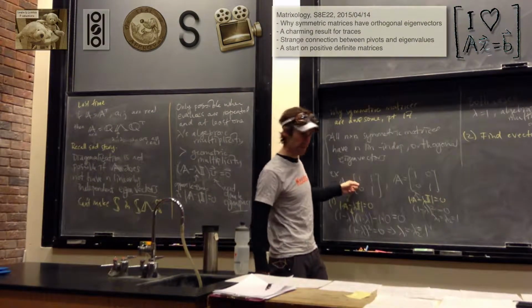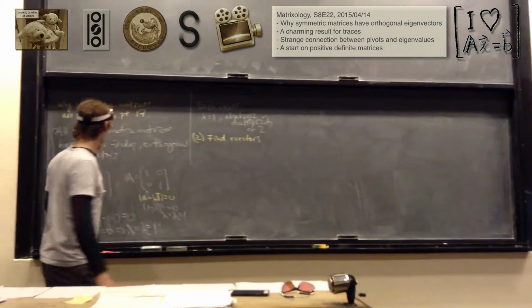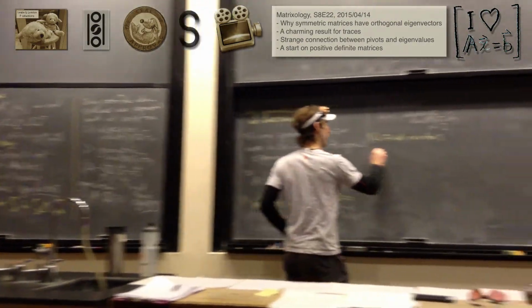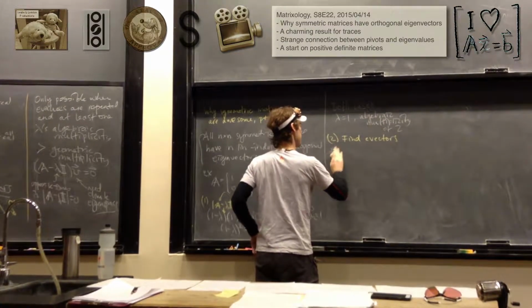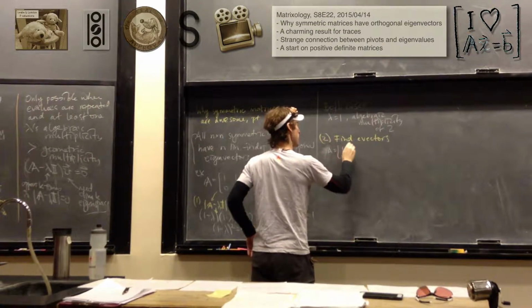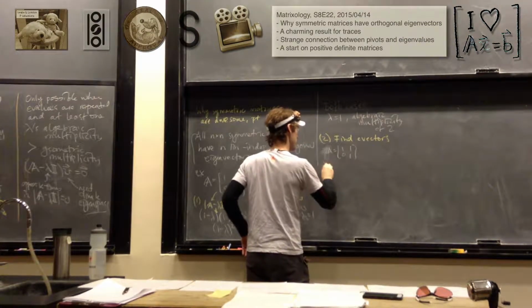The eigenvectors for this, let's write them like this. A equals [1, 1; 0, 1]. We only find, so this is lambda equals 1.